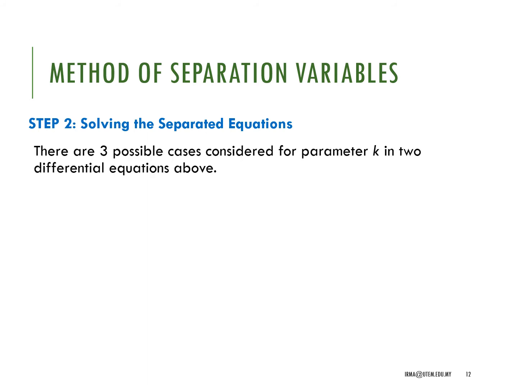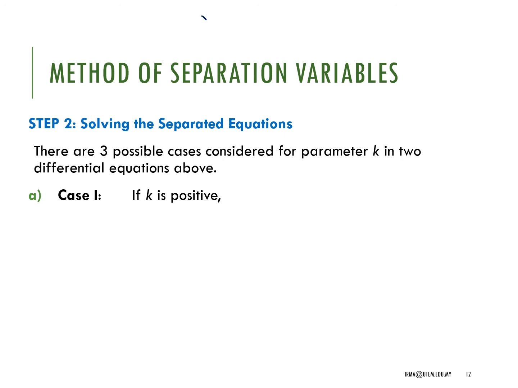Since we have set the equation equal to k, there are three possible cases that we need to consider in order to solve the equation. The first case is if we have k as a positive value.